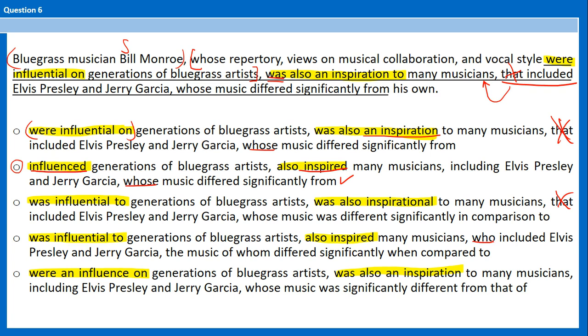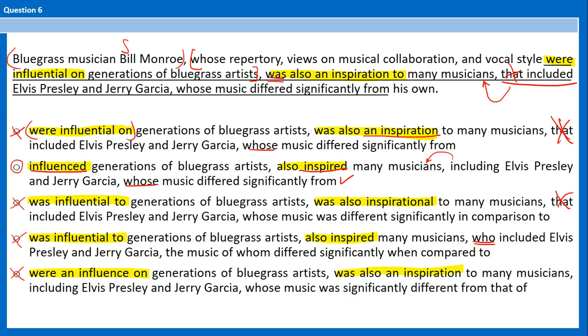You could use "musicians who," or, like in the right answer, "including," which is used to give an example of the noun before the comma. We saw that in another question. Including gives an example of musicians: many musicians, including Elvis Presley and Jerry Garcia. Eliminate all the other answer choices simply because they are not concise.